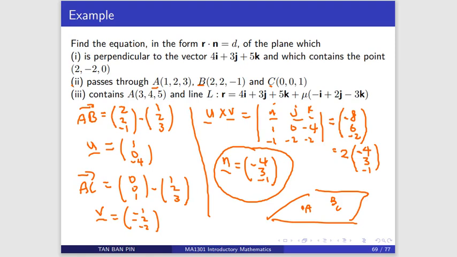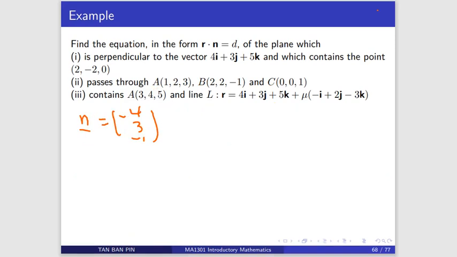After that, we need to find the equation of the plane, which is r dot n equal to a dot n. A is any point on the plane. So we can say the equation of the plane is r dot (-4, 3, -1) equal to a dot n.